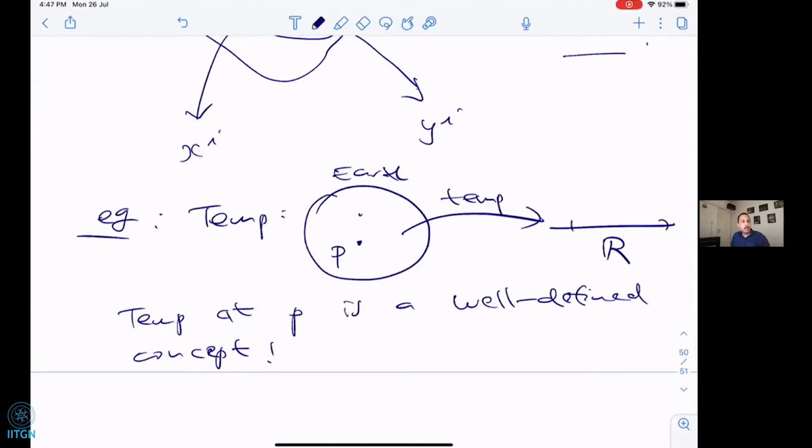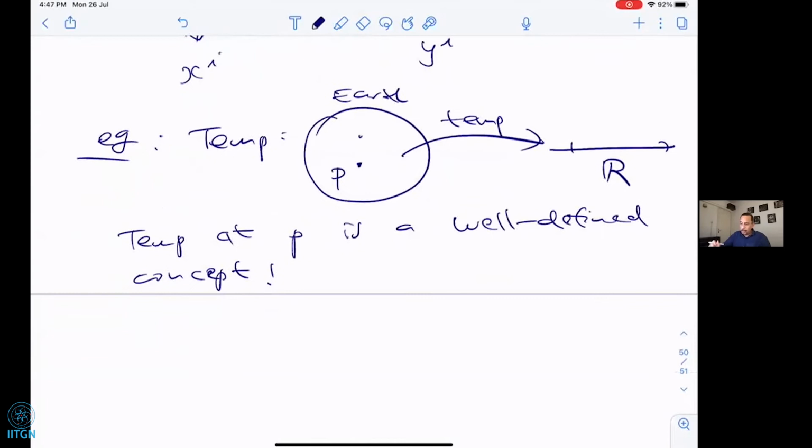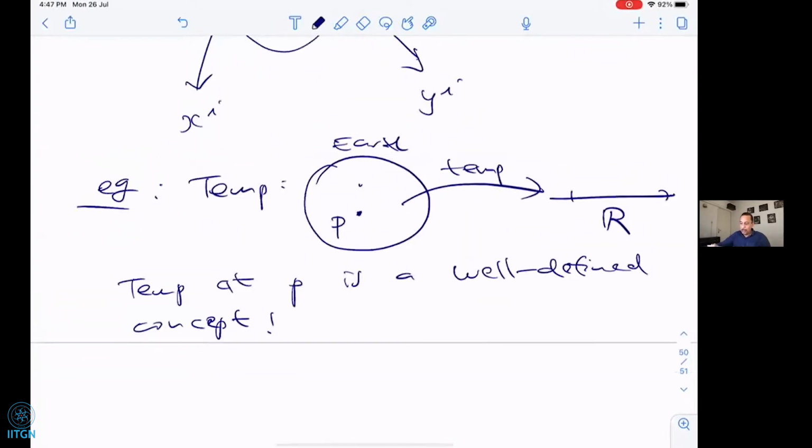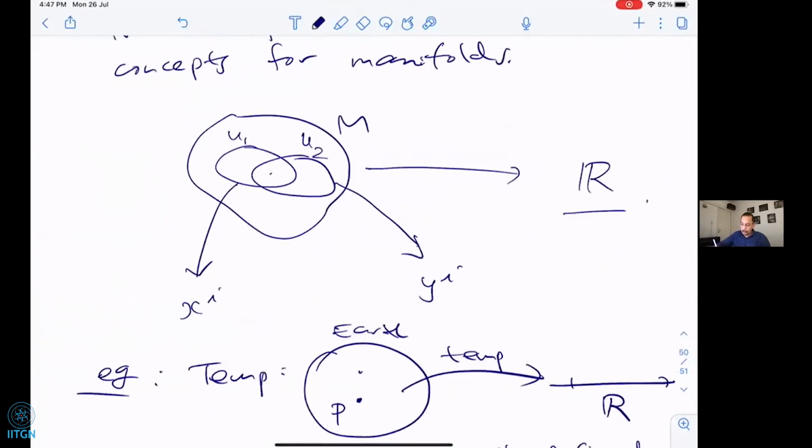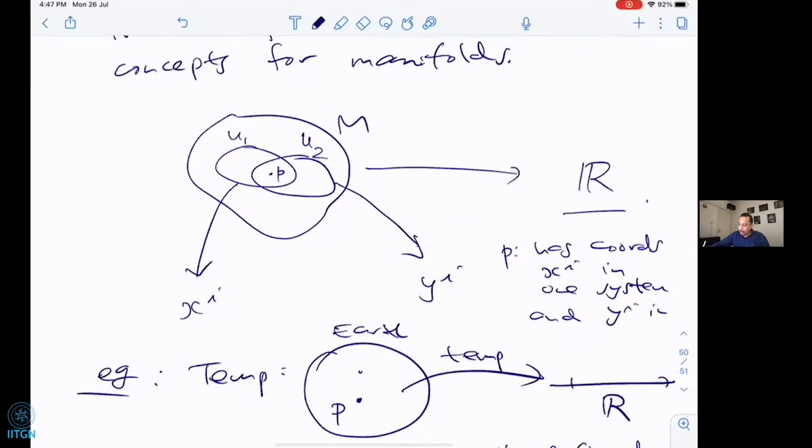There's only one temperature and I can measure it. It follows that if this point P, supposing it were here, this is the point P. I always use P, and conveniently it also can stand for Pune. So P has coordinates xi in one system and yi in another.